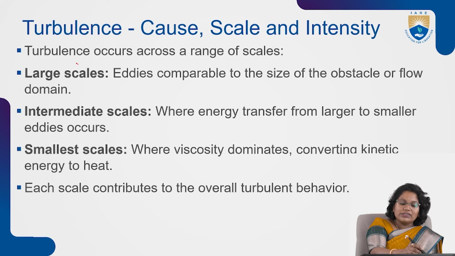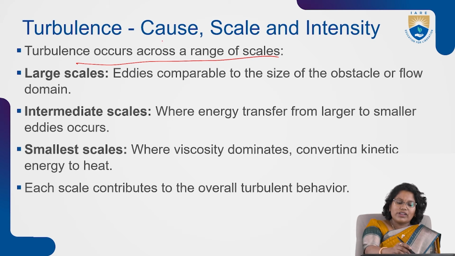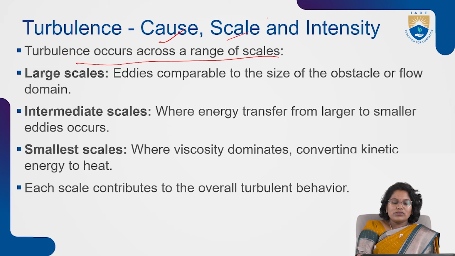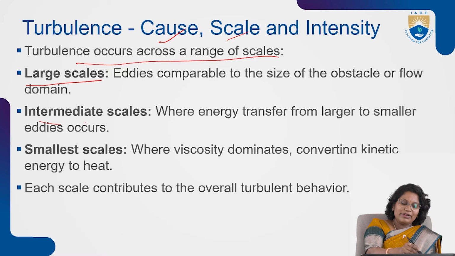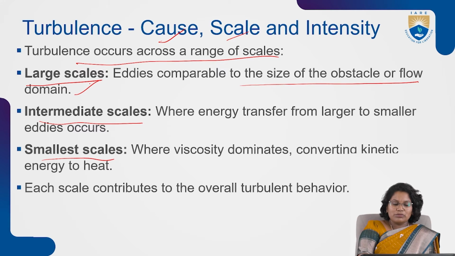Here, turbulence occurs across a range of scales. Causes we have completed; now scales. The scales are large scales, intermediate scales and smallest scales. If an eddy is comparable to the size of the obstacle or flow domain, we call it a large scale, where energy transfer from larger to smaller eddies occurs.